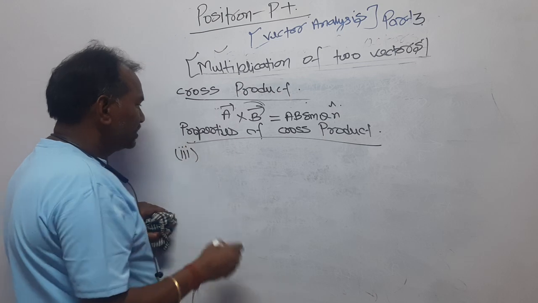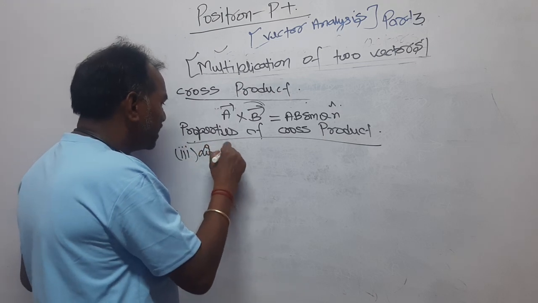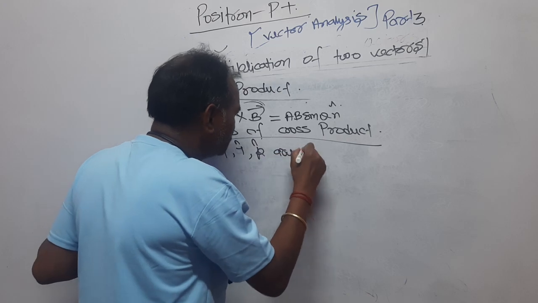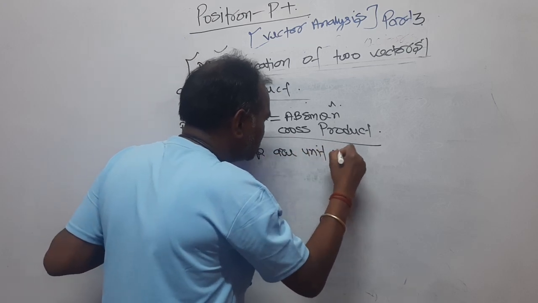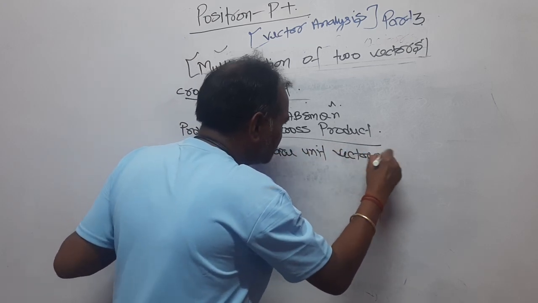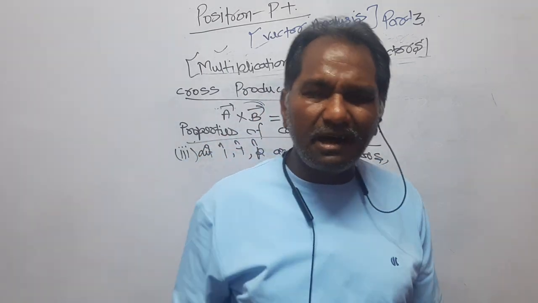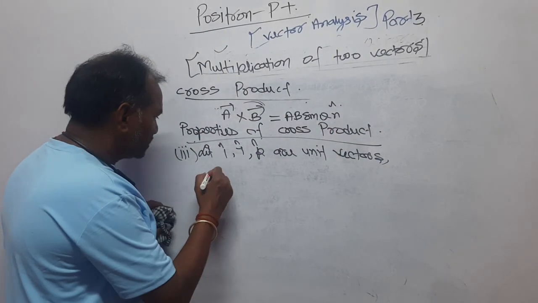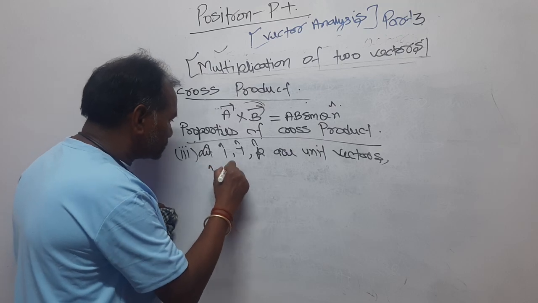Third property: let i cap, j cap, k cap be unit vectors representing the x, y and z axes respectively. Now what happens with i cap cross i cap?